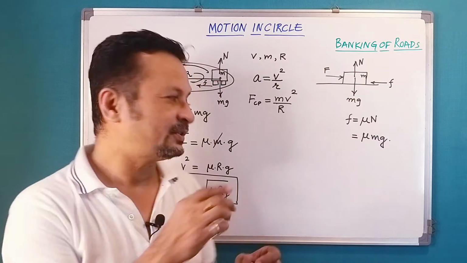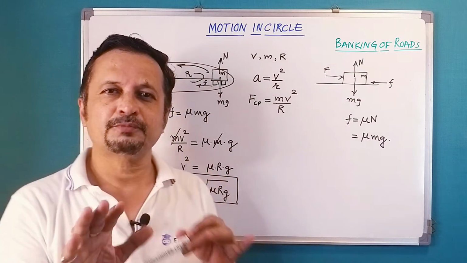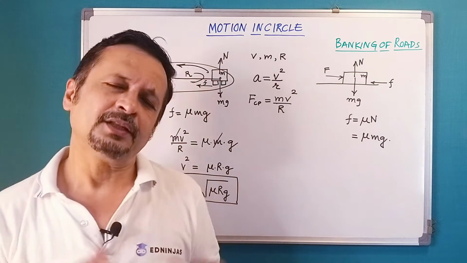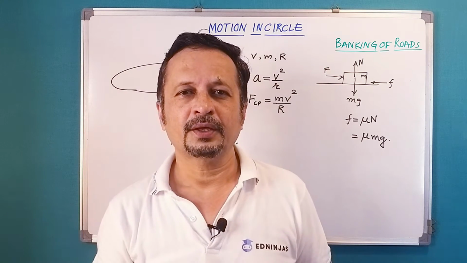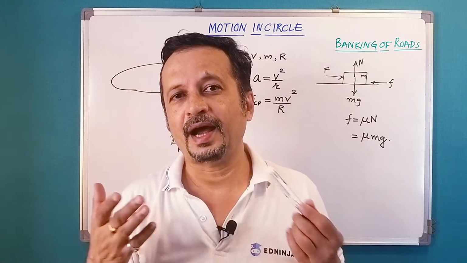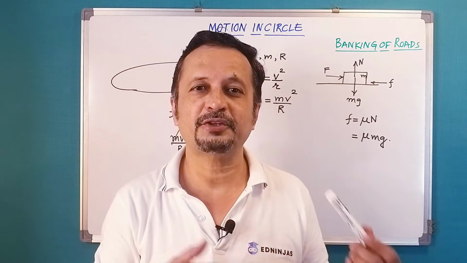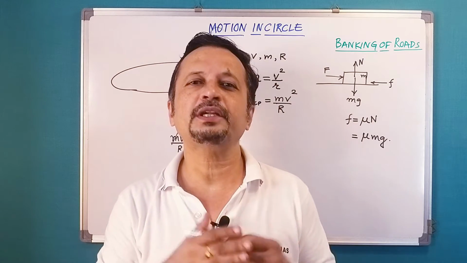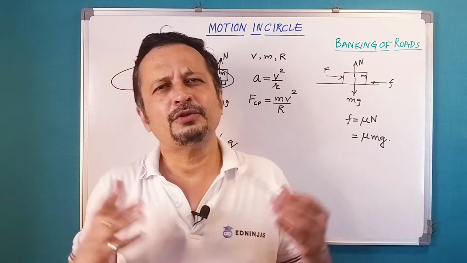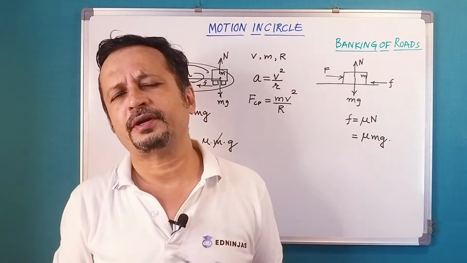Okay, so this V gives you the safe speed with which the car can take the turn. Now there is a catch here. The safety of the car at that speed or on that road depends totally on the coefficient of friction, isn't it? In normal conditions, that may be all right.